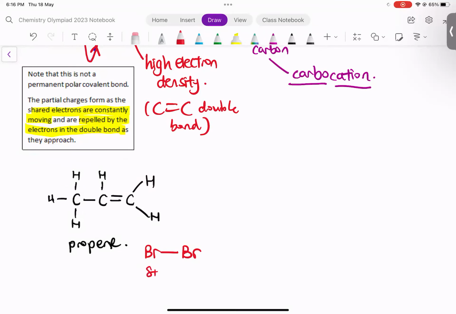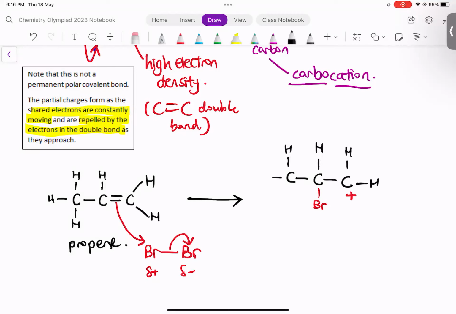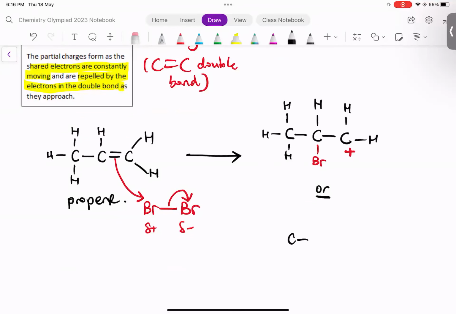Delta plus, delta minus, the electrons flow this way. Because if you notice, the plus charge of the carbocation can be at the end, like this, or the plus charge can be at the middle, like this.